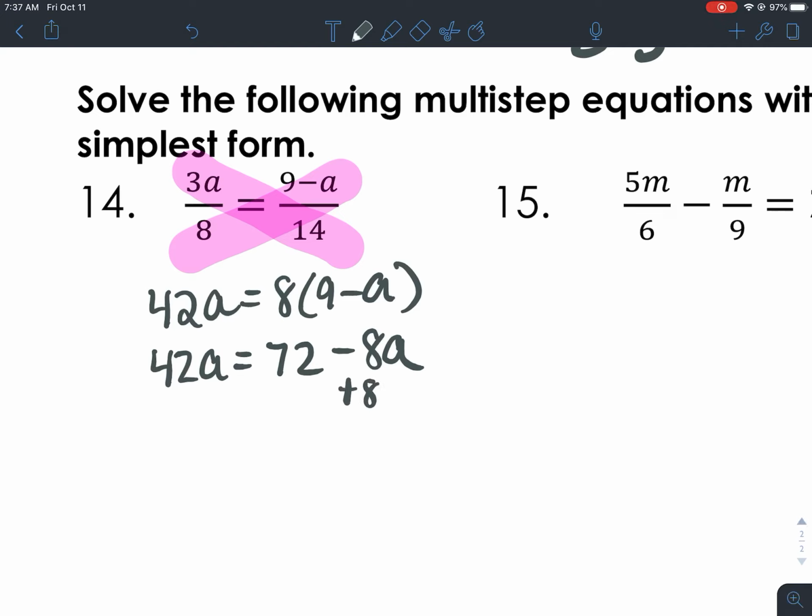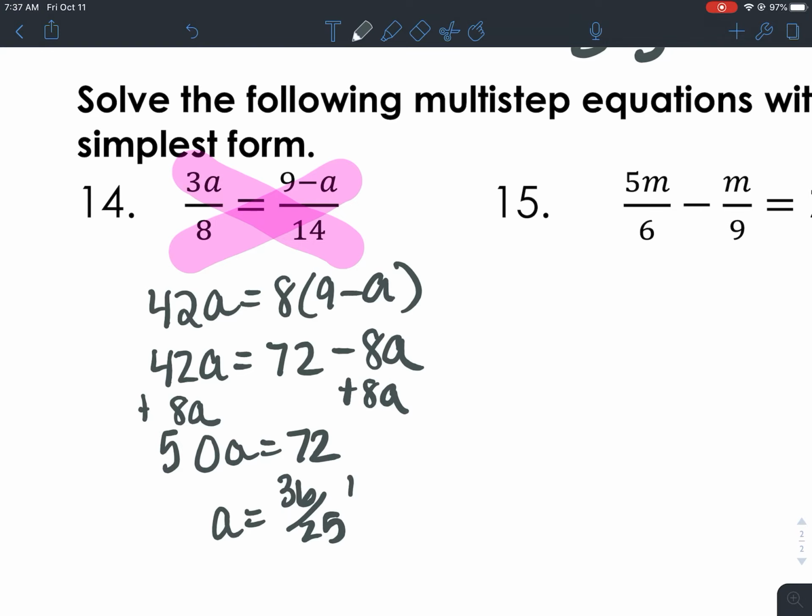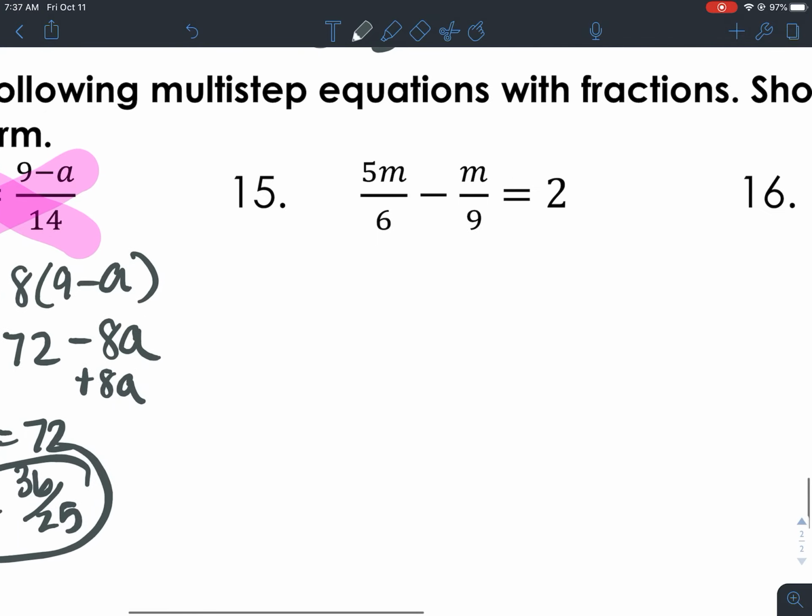Then I'll add 8a to both sides, and you get 50a equals 72. Divide by 50 on both sides, and you get 36 over 25 as your final answer.